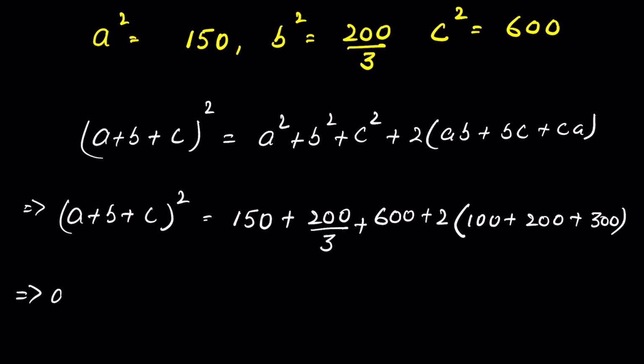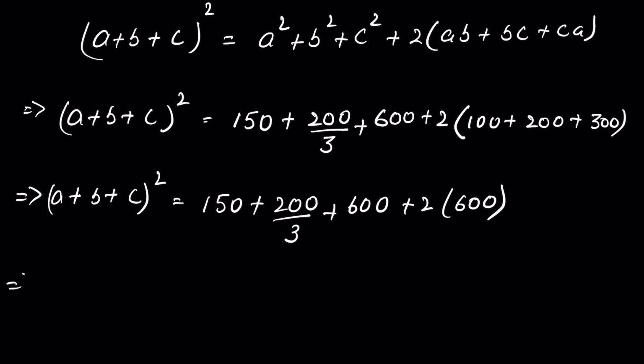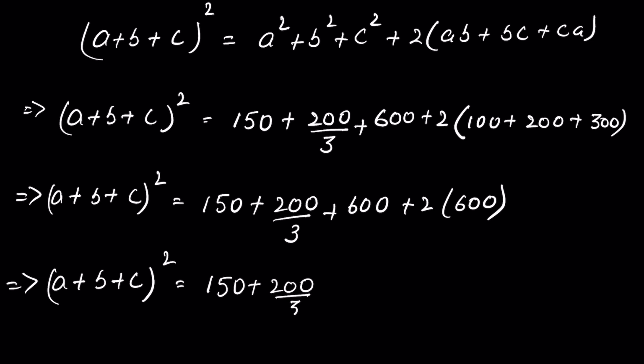So A plus B plus C whole square is equal to 150 plus 200 upon 3 plus 600 plus 2 times 600, since 100 plus 200 plus 300 is 600. So it is 150 plus 200 upon 3 plus 600 plus 2 times 6 is 1200.